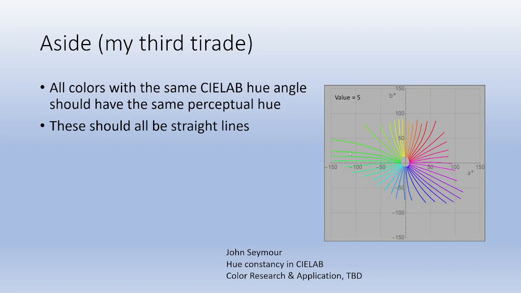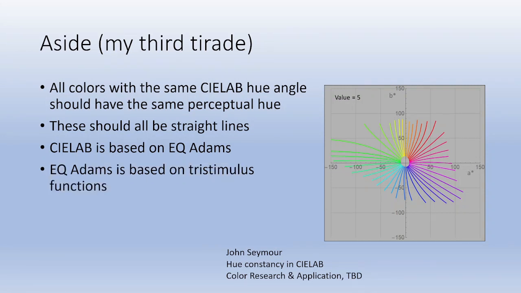That's not a good thing, because here we have one hue that is the same color, the same hue, and here we have another one. CIELAB tells us something that's wrong about our color vision. They should be all straight lines. Why did that happen? Well, I think I mentioned before that CIELAB is all based on the work of Elliott Quincy Adams from 1942, where he used the tristimulus functions.